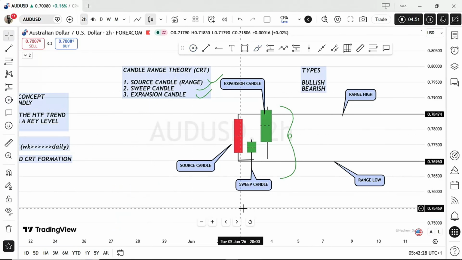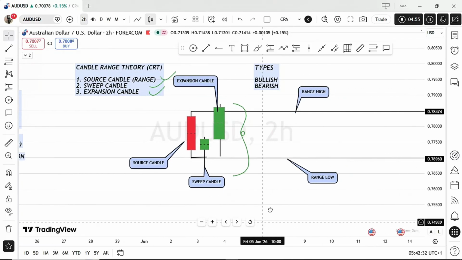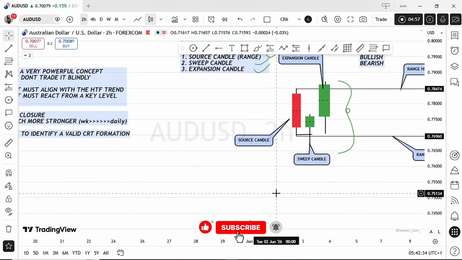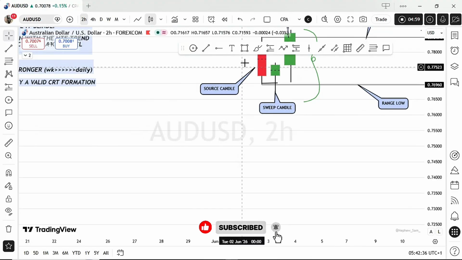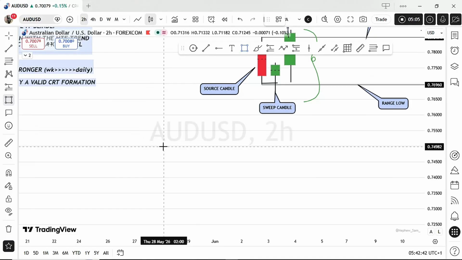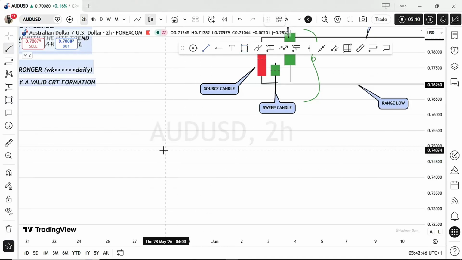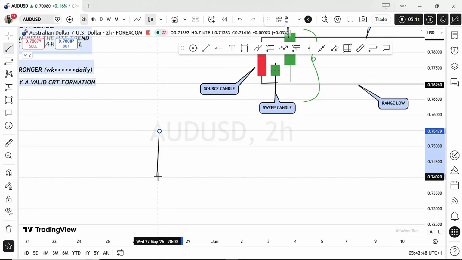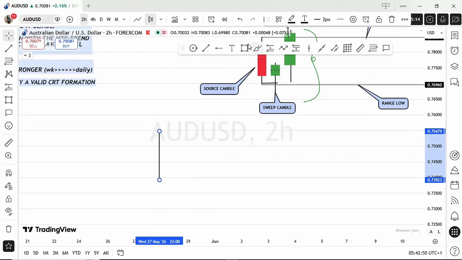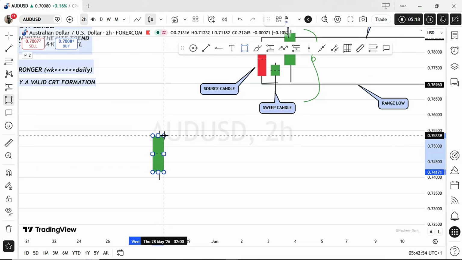So let me draw the bearish. This is the bullish scenario. Let me draw out the bearish scenario. Like I said, the source candle is usually the opposing candle. Since it's bearish, our opposing candle will be a bullish candlestick. It opens here and it closes here.